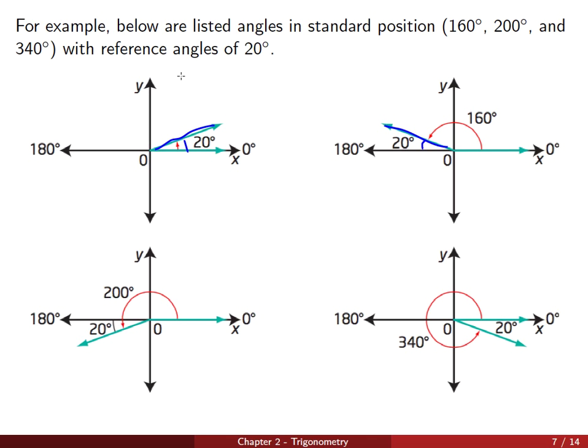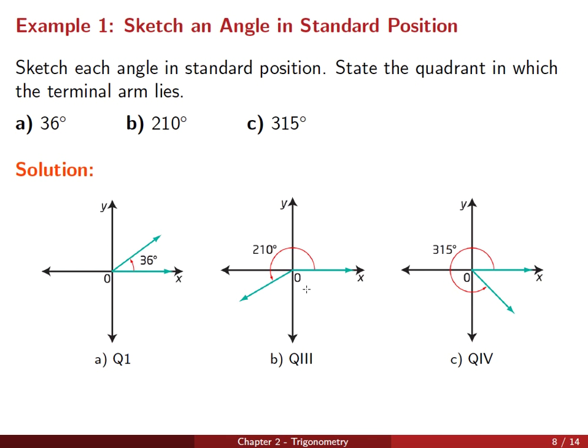When you look at quadrant 3 and quadrant 4, reference angles are the same. So, let's do some sketching. First of all, let's draw some angles in standard position, which basically just means draw them: 36, 210, 315 degrees. You can look at the solutions, and the quadrants are pretty easy to tell.